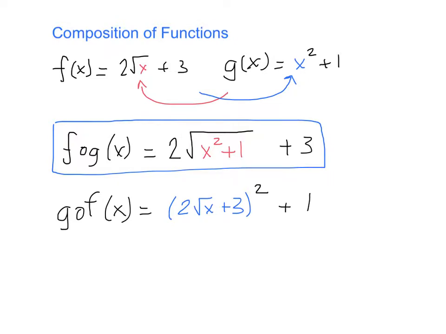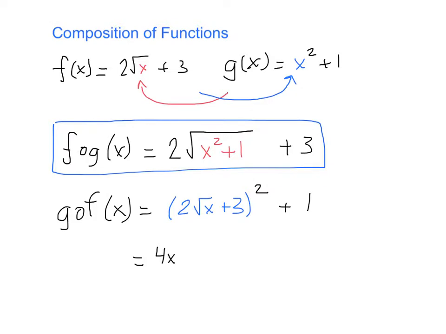And then the real question is, is there any simplifying we can do? Depending on how you feel about your algebra, it turns out there is. We can actually expand this binomial by distributing. Sometimes they call that FOIL. And when we do that, we get 4x. That's what you get when you square 2 square root of x.